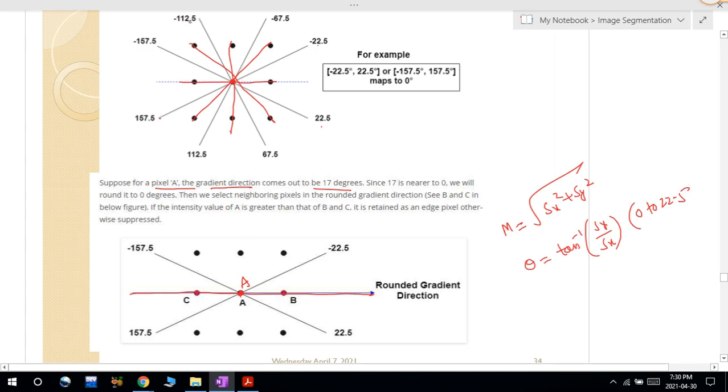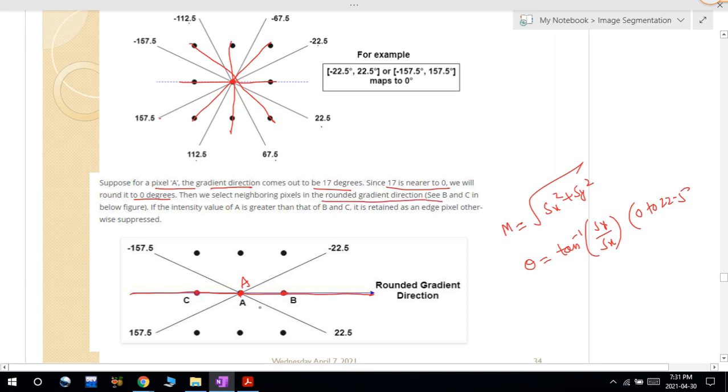And if the value is minus 112.5 to minus 67.5 and 67.5 to 112.5, I will consider the direction of that particular edge as 90 degrees. Like this I will use it. And since 17 is near to 0, we will round it to 0 degrees. After this I will take the neighboring pixels like B and C, and for these neighboring pixels also I will find the gradient values.